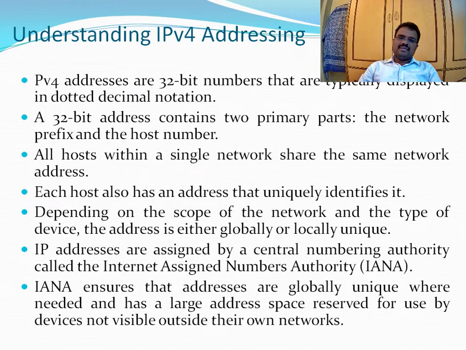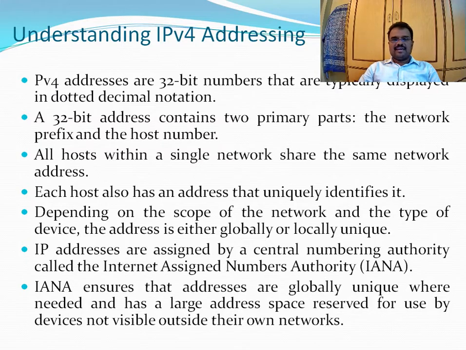In the IPv4 addressing scheme, we use 32-bit numbers to identify any host. Depending on the scope of the network and the type of the device, the address is either globally or locally unique.